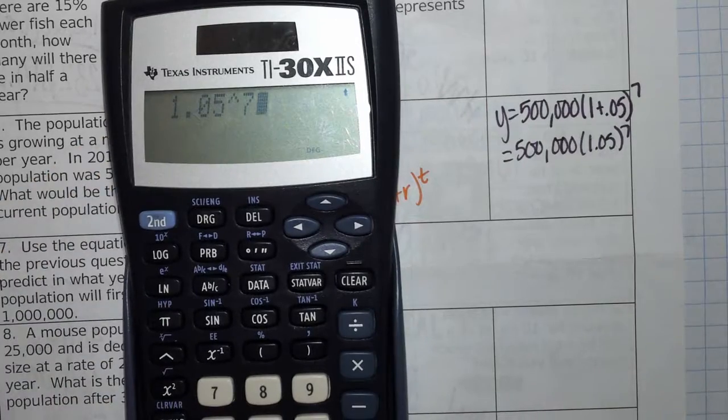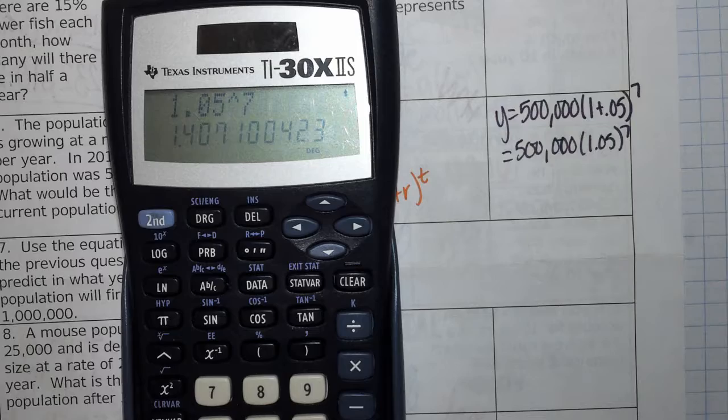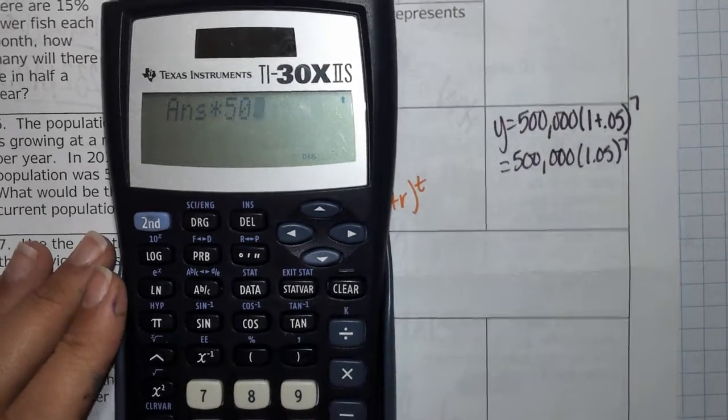So I want everybody to do that in their calculator right now. 1.05 caret 7. That's about 1.4. Times 500,000.